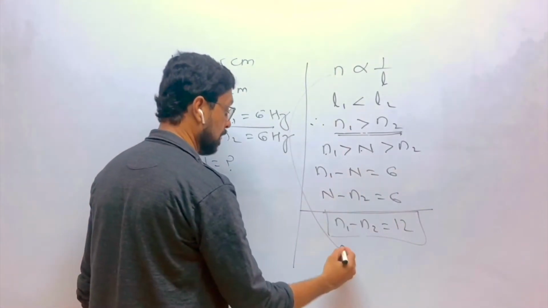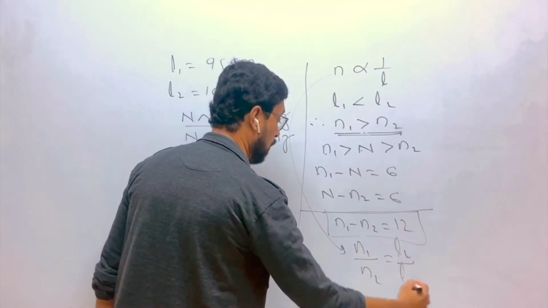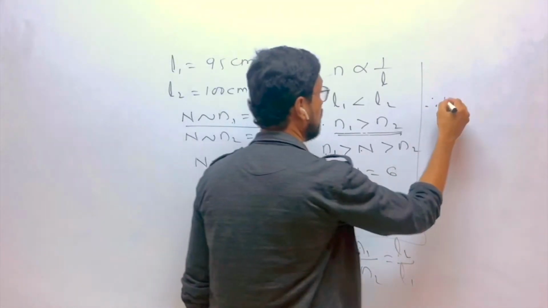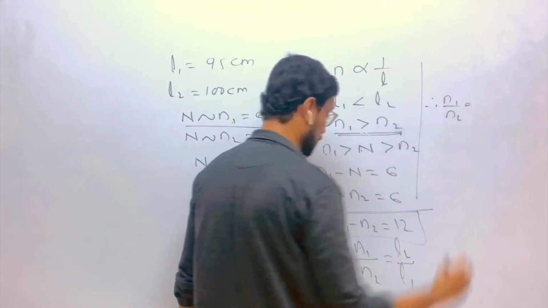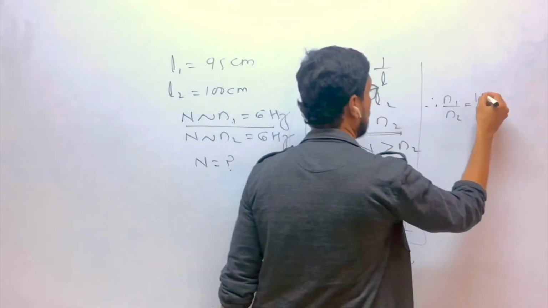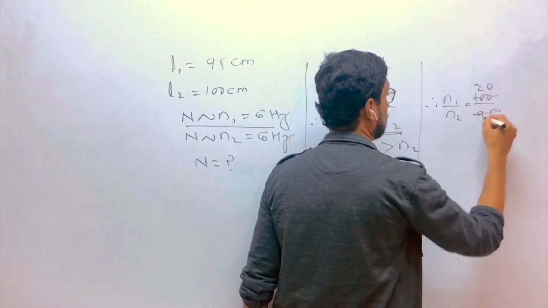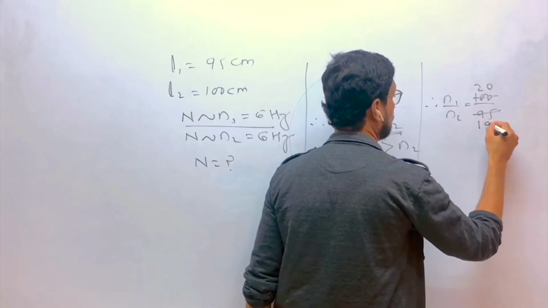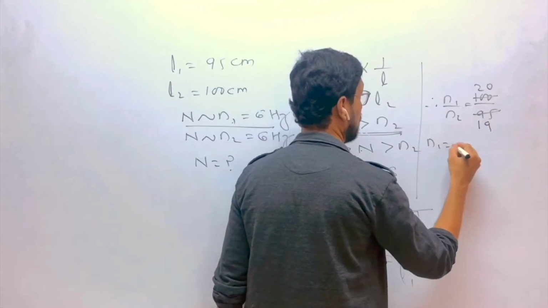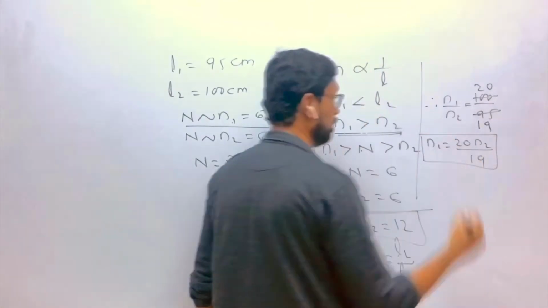Again from here, N1 upon N2 is L2 upon L1. Therefore, N1 upon N2 is equal to L2 upon L1, 100 upon 95, that is 20 upon 19, means N1 is 20 N2 upon 19.